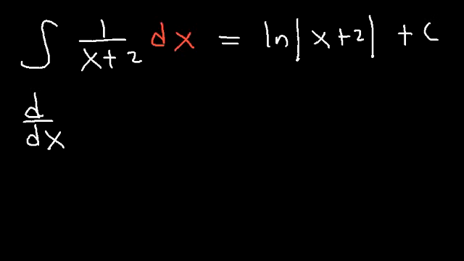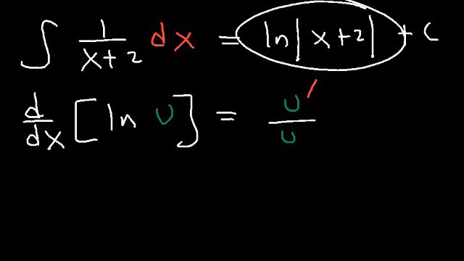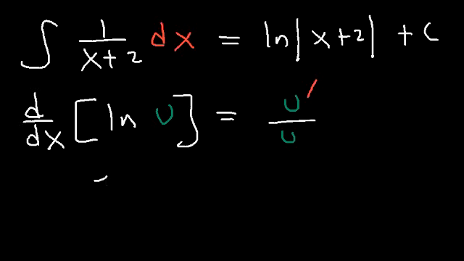The derivative of, let's say, the natural log of some variable u is going to be u prime divided by u. So if we want to differentiate ln of x plus 2, the derivative of the inside, which is u prime, the derivative of x plus 2, is 1, divided by u, which is whatever is on the inside, and that's x plus 2. So you get what you started with.